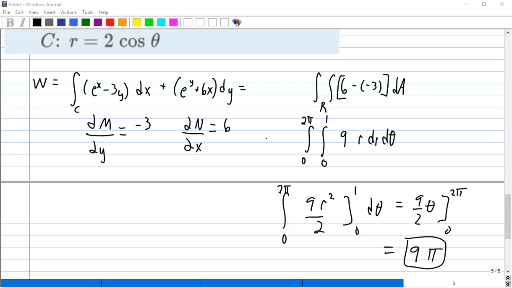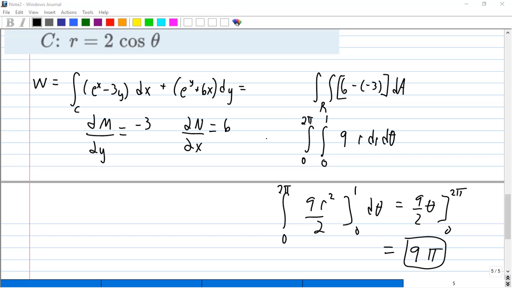And so that is going to happen if you have a conservative vector field and it's closed. Then the line integral is going to be equal to 0.